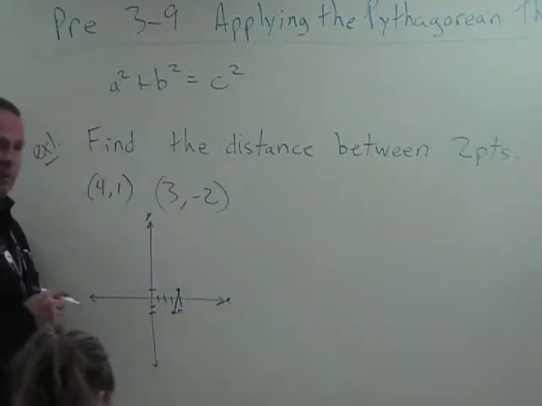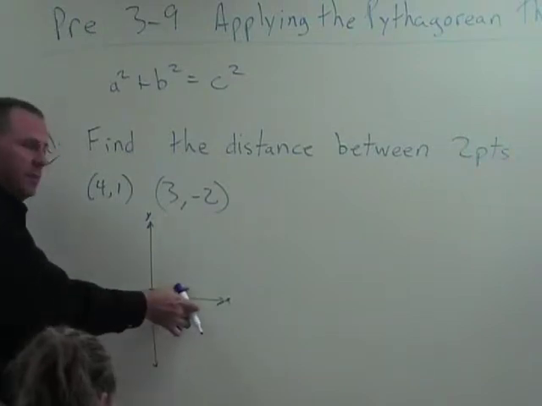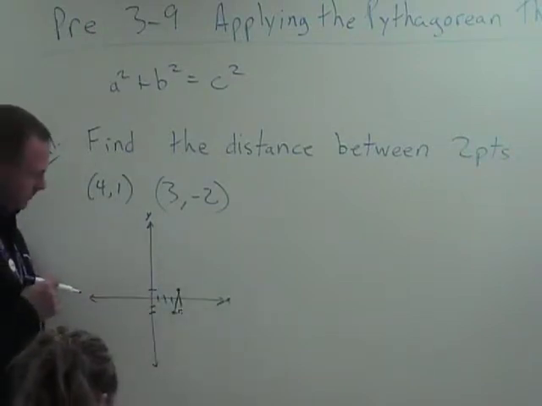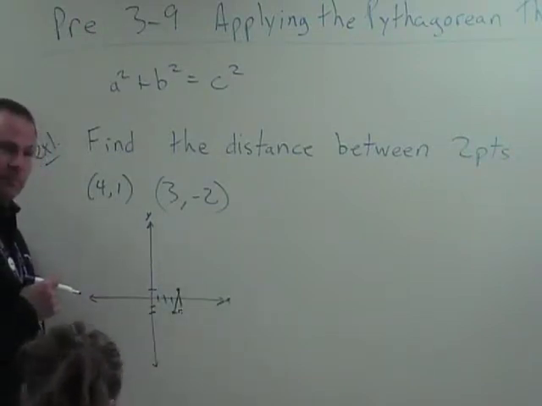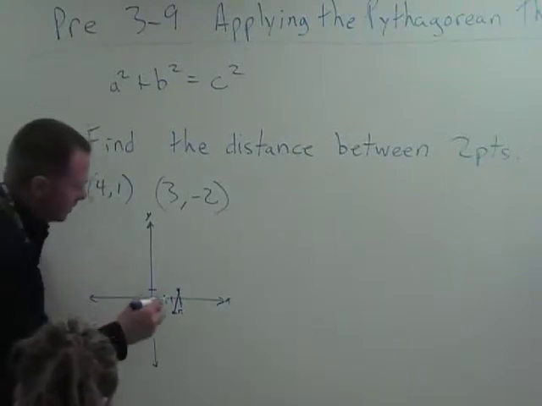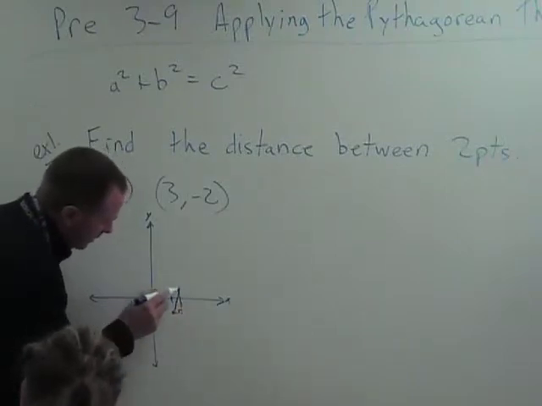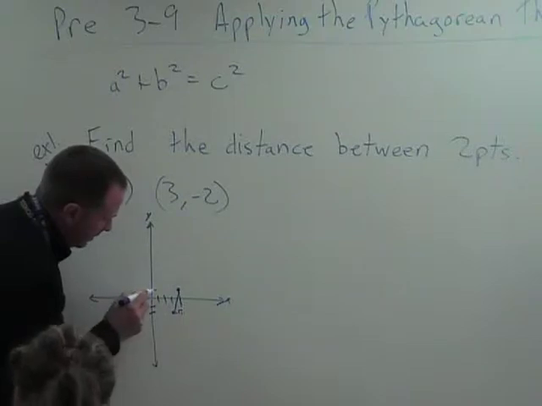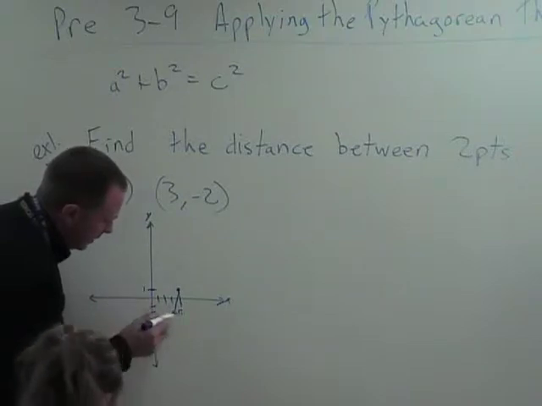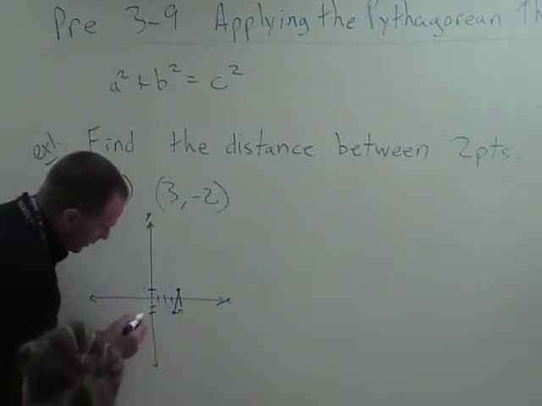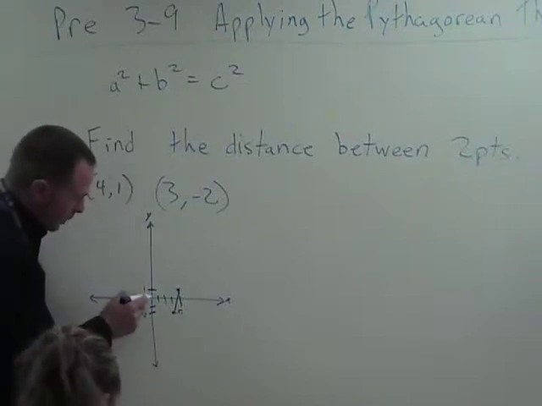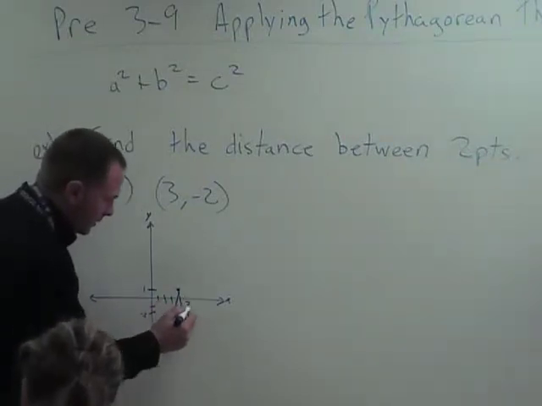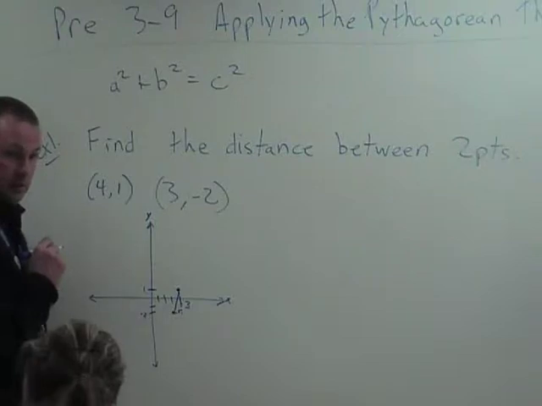Now, can somebody tell me the length of this leg over here? It's 3 units. This dot here is at the y coordinate of 1, and this dot here is at the y coordinate of negative 2. 1, 2, 3 units.